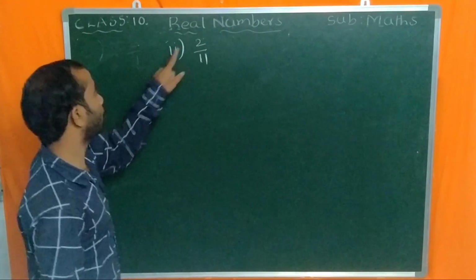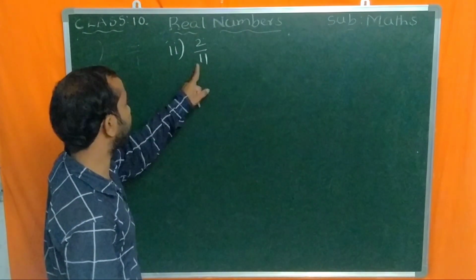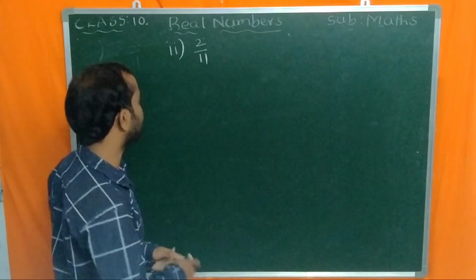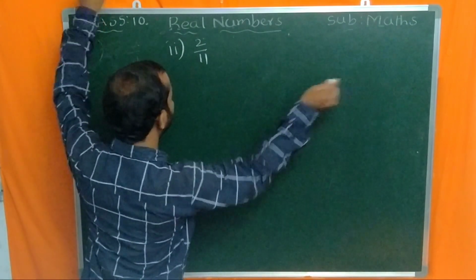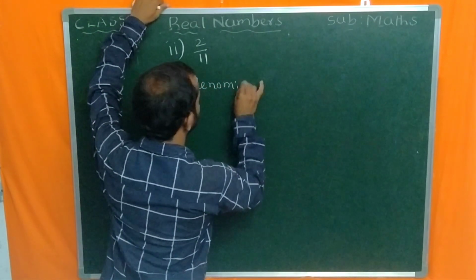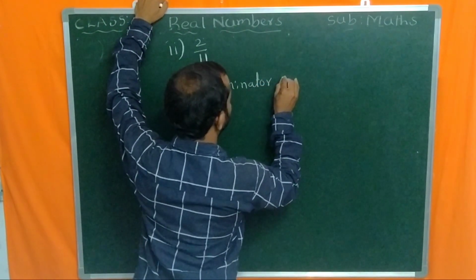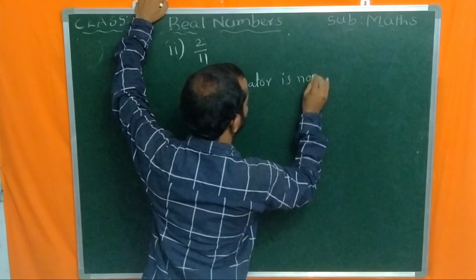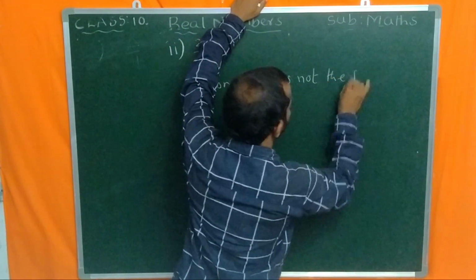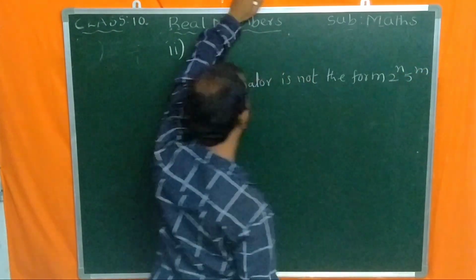Next, second problem. Is 2 by 11 terminating or not? First of all, we observe the denominator. The denominator is the number 11. This cannot be written as 2 to the power of n and 5 to the power of m.